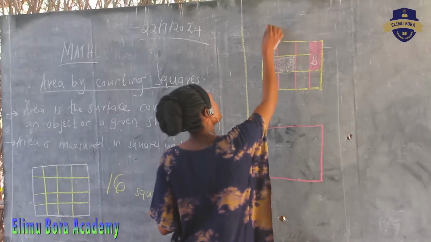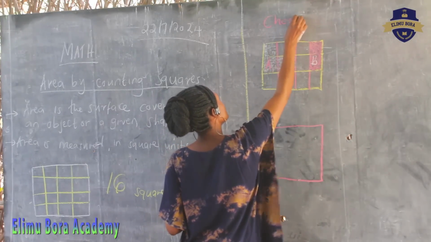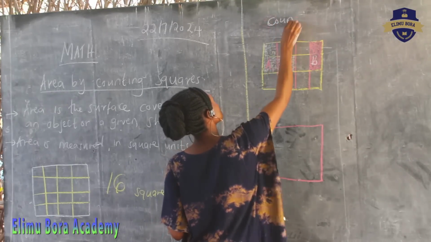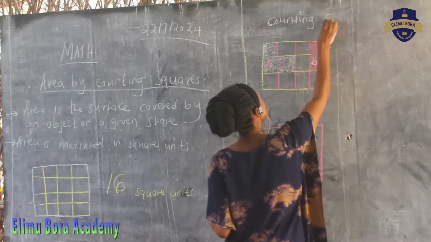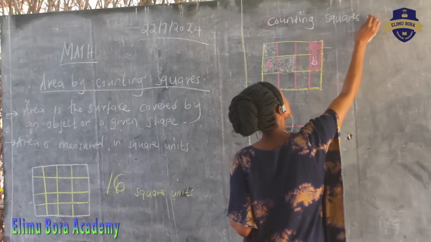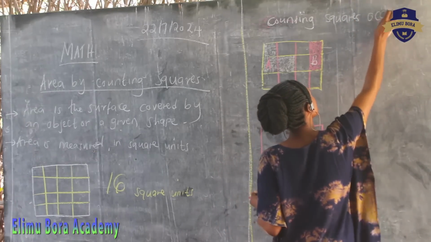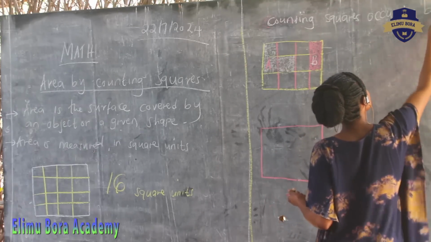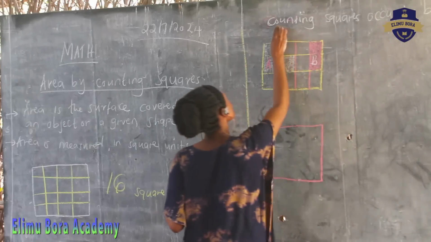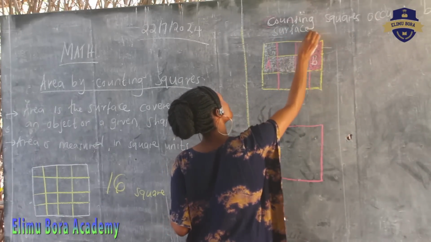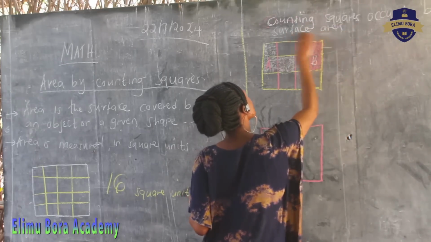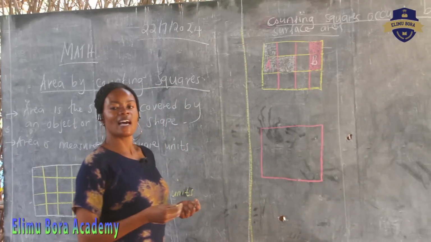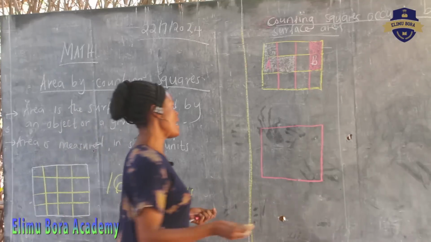So we are going to see which squares are occupying a big surface area by counting.